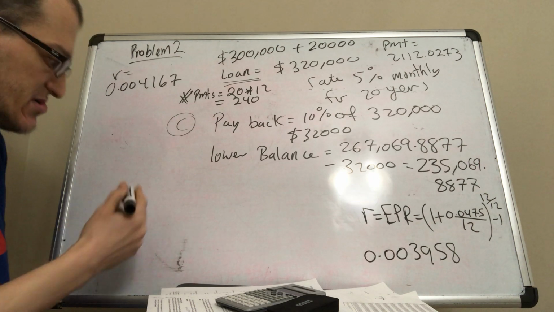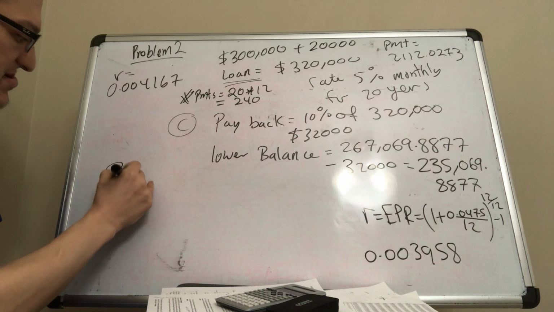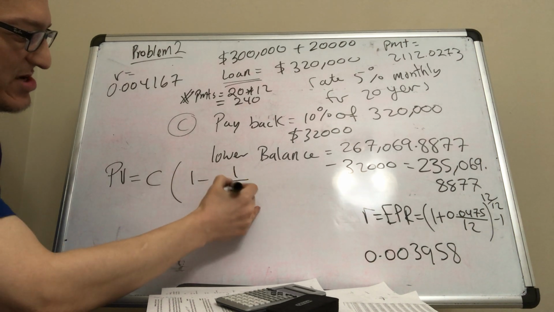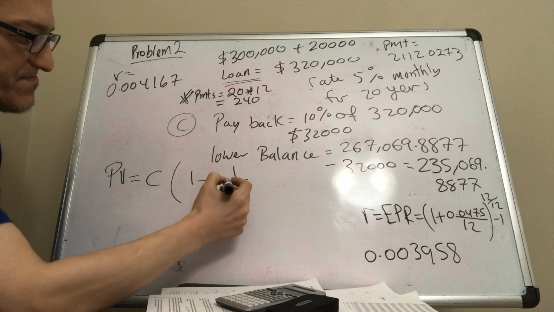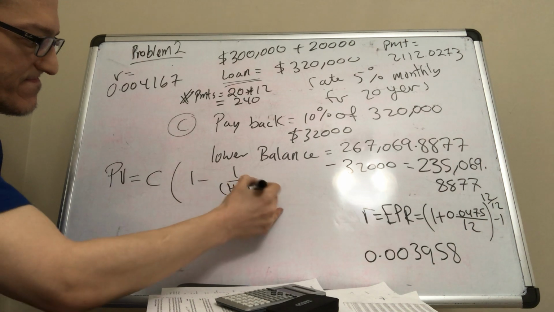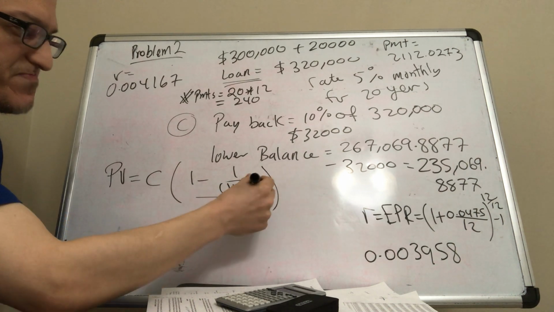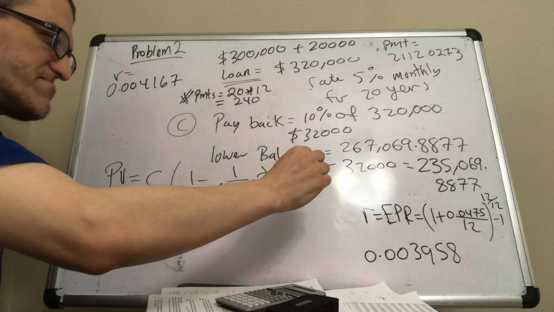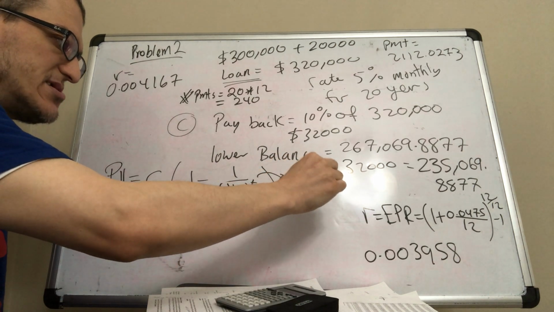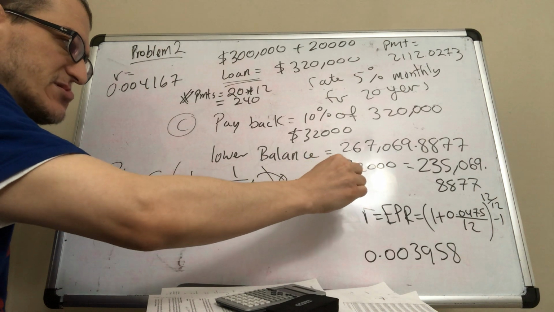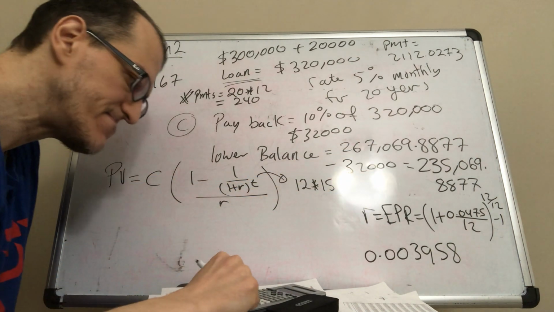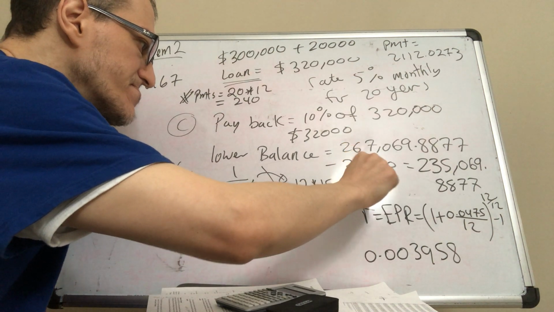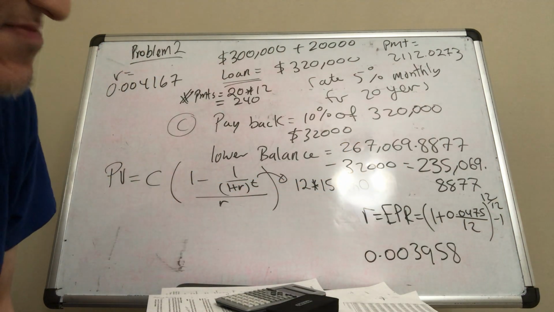So now let's find the new payment using the same formula: present value, payment, 1 minus (1 plus R) to the minus T, over R. Now T is always the remaining number of payments, 12 payments a year, and there's only 15 years left. So it's only 180 payments left.